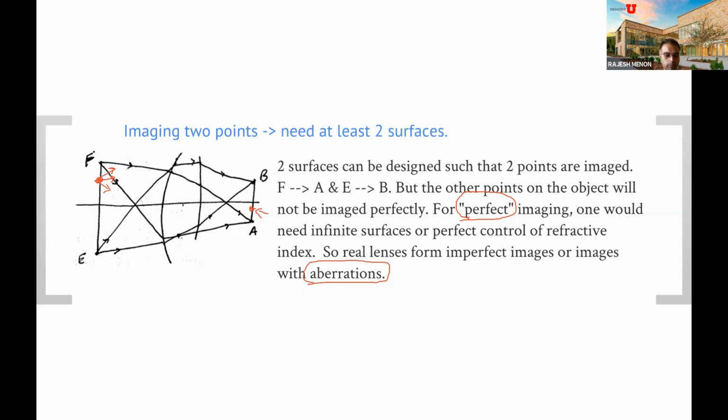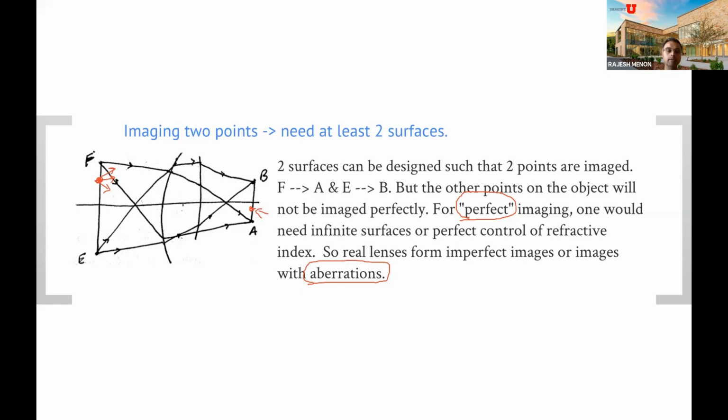I want you to understand that real lenses, of course, are imperfect, even if they're perfectly manufactured. It's nothing to do with the practicality of it, just mathematically they're imperfect. Another way to think about this is that by adding more and more surfaces, you can actually correct for aberrations.